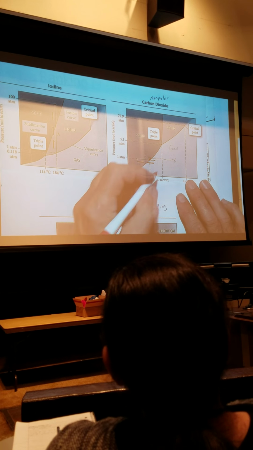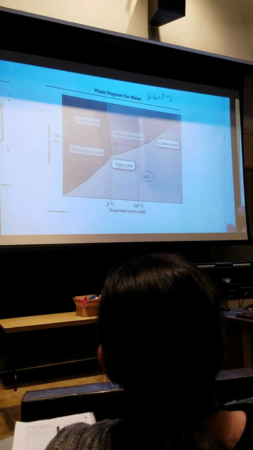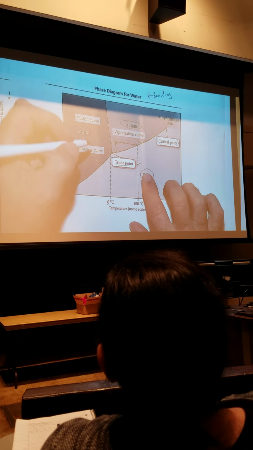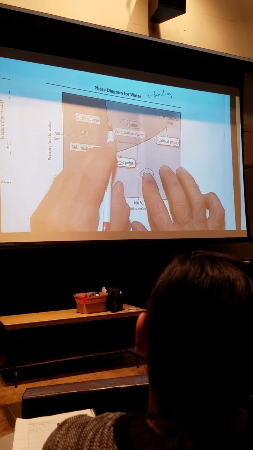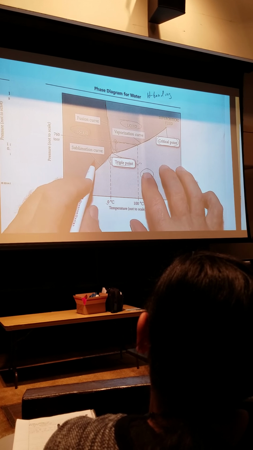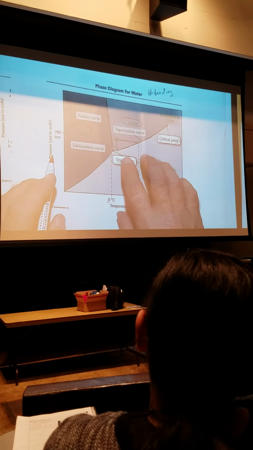So again, the key points to realize are about critical points, triple points, and how the different phase diagrams are. Another curiosity about the water phase diagram, notice that this line here, between basically solid and liquid, kind of slants to the left as you go to higher pressures.